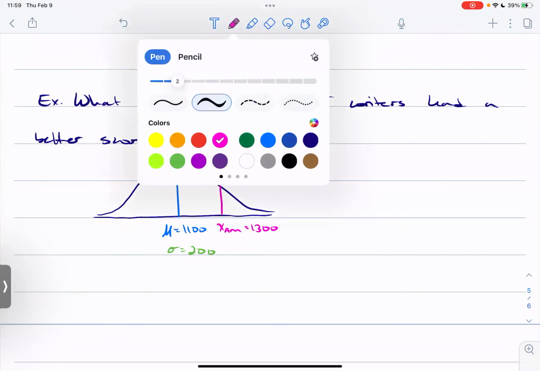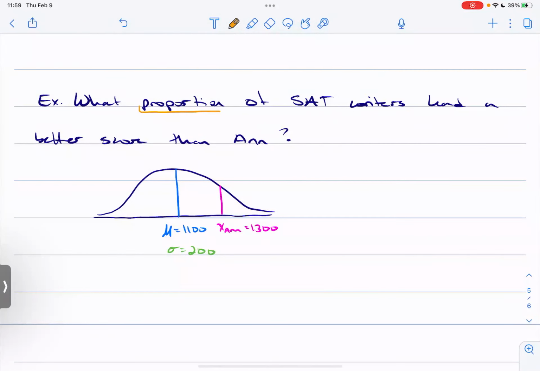The proportion, remember the 3 Ps, proportions, probabilities, percentages, right? So those are all going to be areas under the curve. So this is really just area under the curve, right? But we have 2 areas under the curve. We have an area to the left and we have an area to the right.